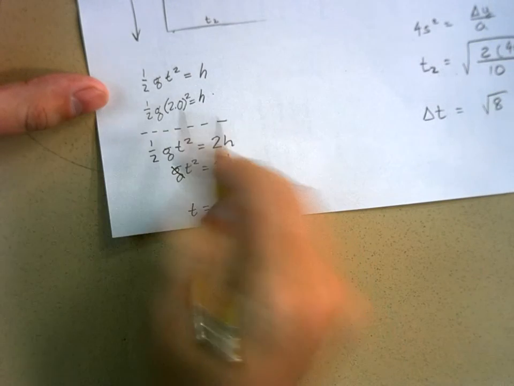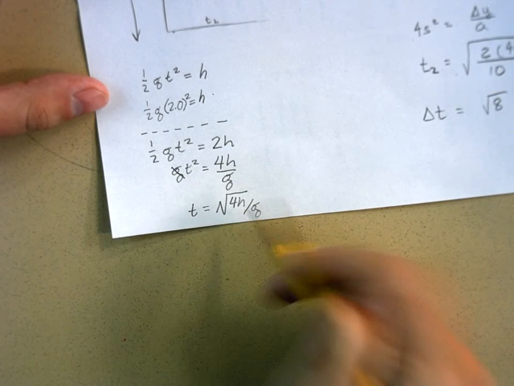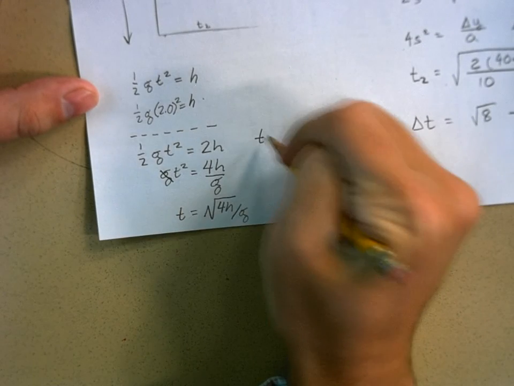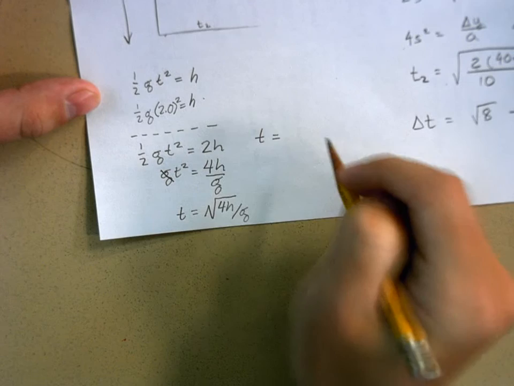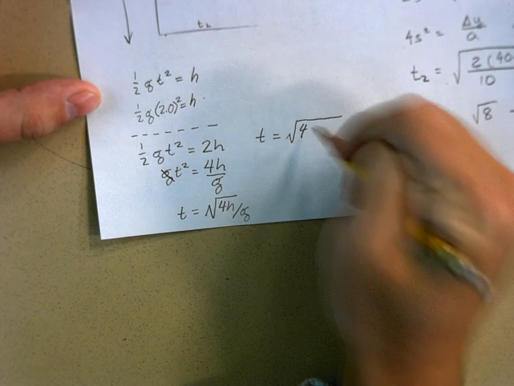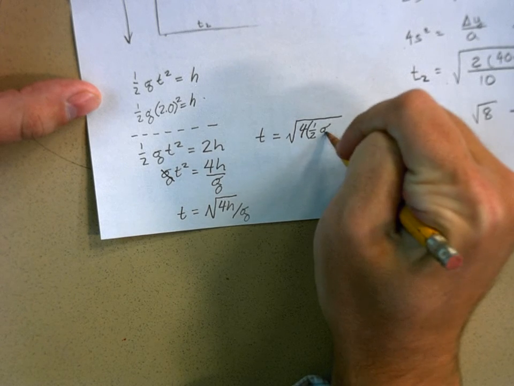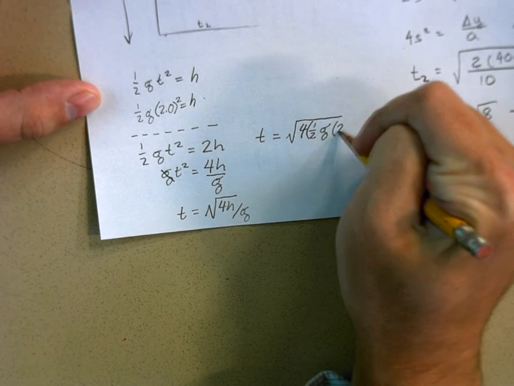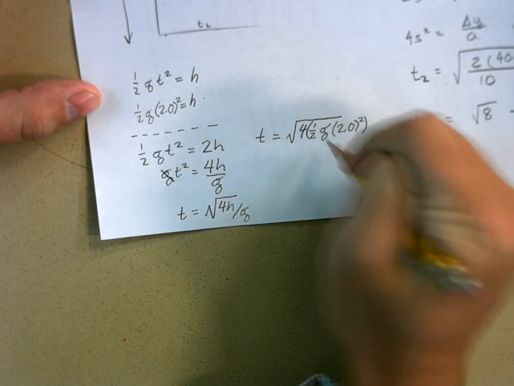We can take h right here and plug it into this equation, right? Yes, okay, sweet. And so let's see, we have 4 times 1/2 g.